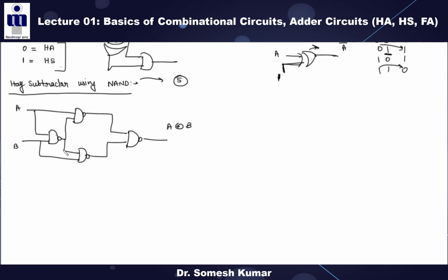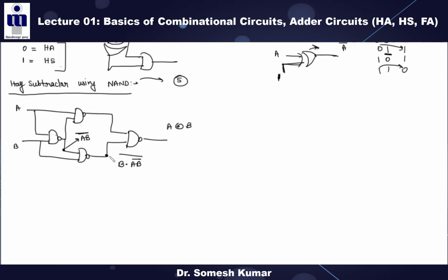And what is the output here? Output here is A B bar. And what is the output here? B dot A B bar whole bar.